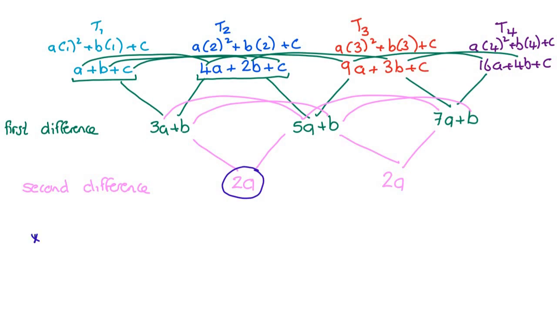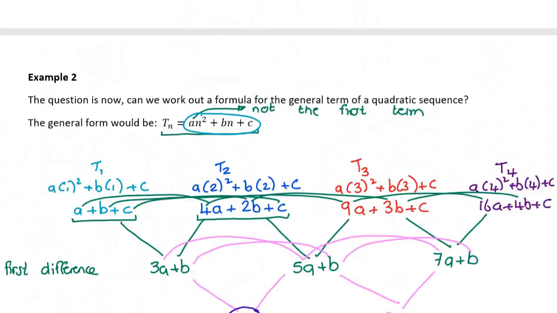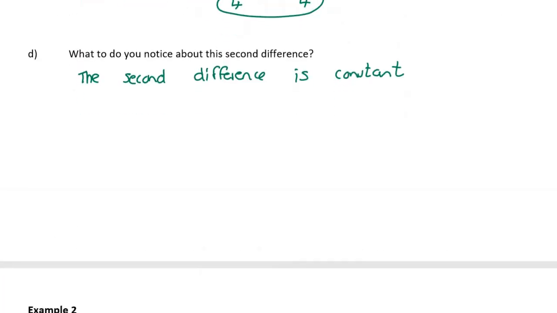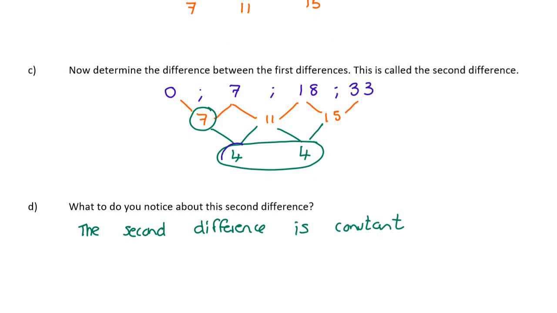So if I can work out my second difference, I can figure out what a is, the coefficient of n squared. My second difference is always going to equal 2a. If I scroll up to my previous example, my second difference was 4.